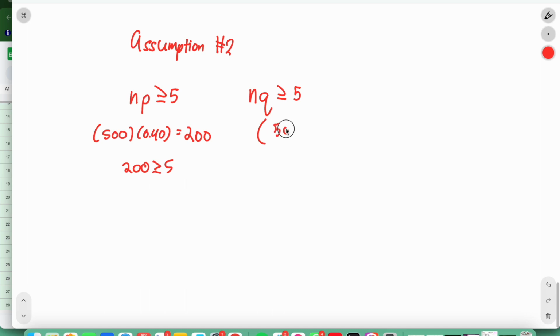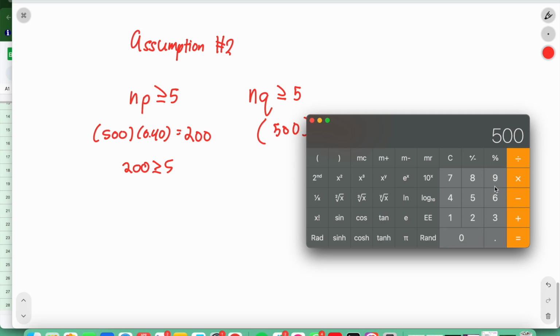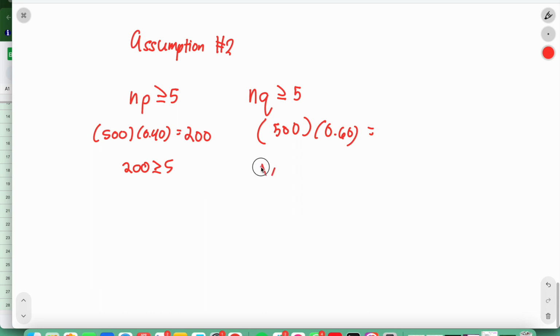Of course it is also greater than or equal to 5. 500 times 0.60 is 300, and it's greater than or equal to 5. So assumption 2 is met.